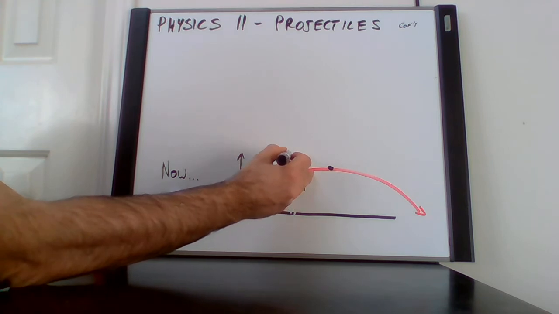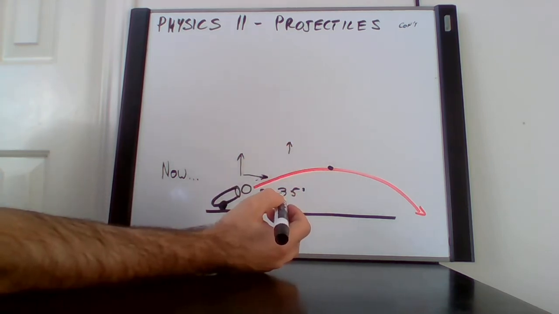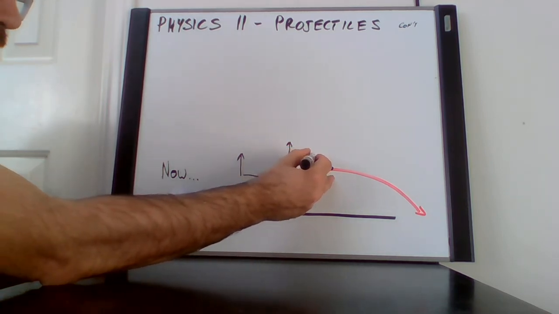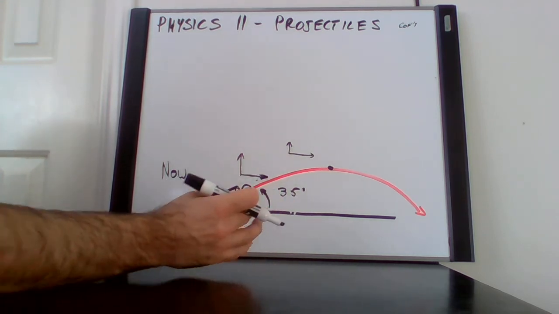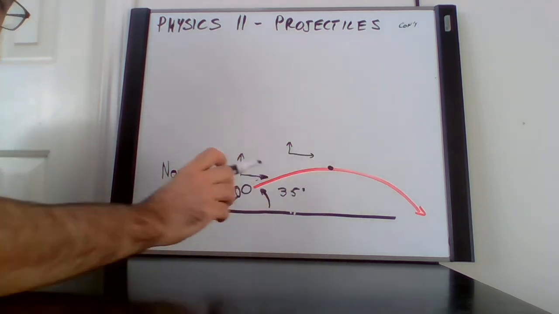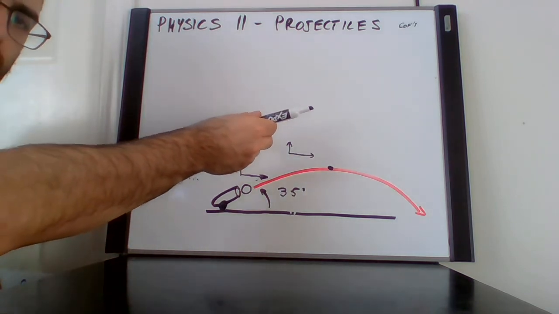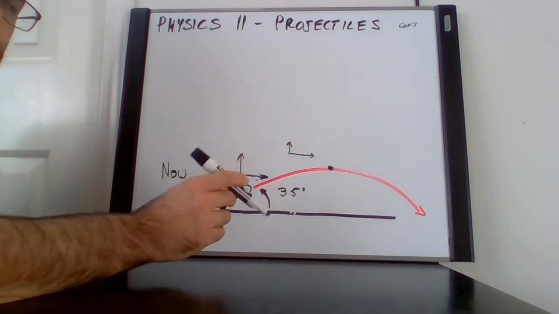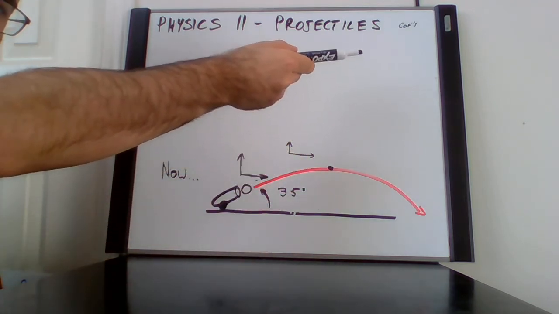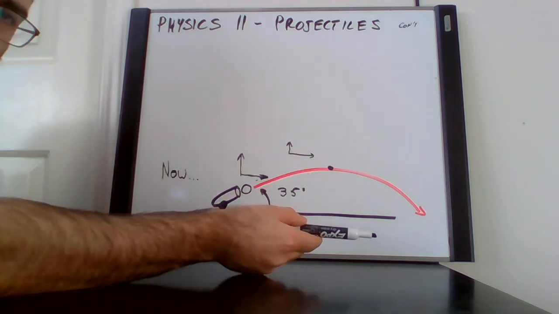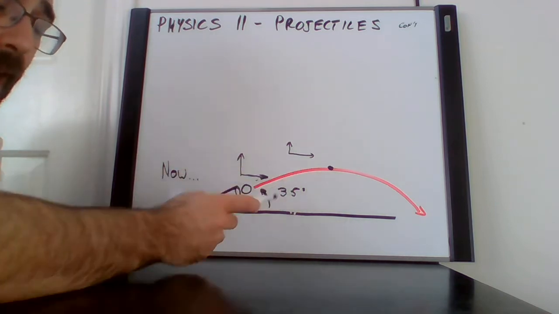At this point here, we're going to have a little bit of a vertical still, and we're going to have that same horizontal. Hopefully those are both the same size for you. When I get to this peak, it's come to the top and it's going back down. Now, if we're thinking about our vertical, an object goes up, momentarily is at rest, and then starts accelerating down. Well, that's what we're having here.